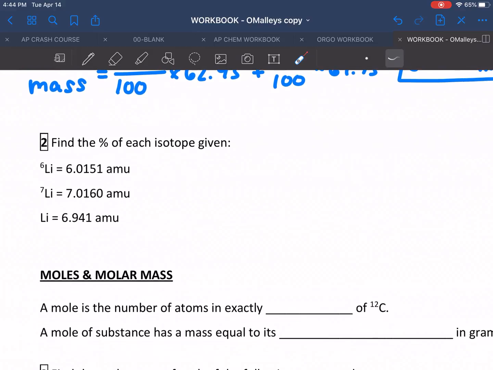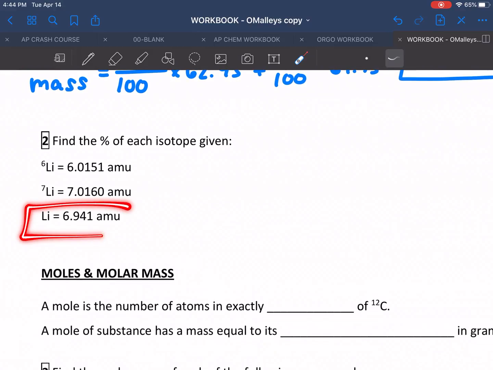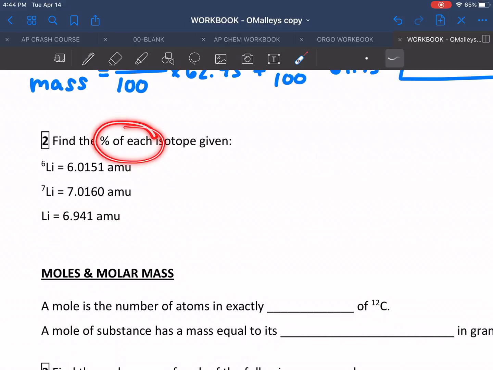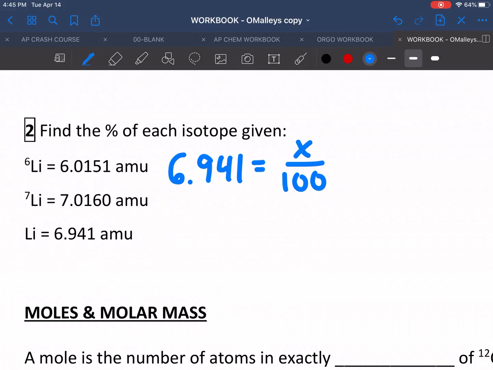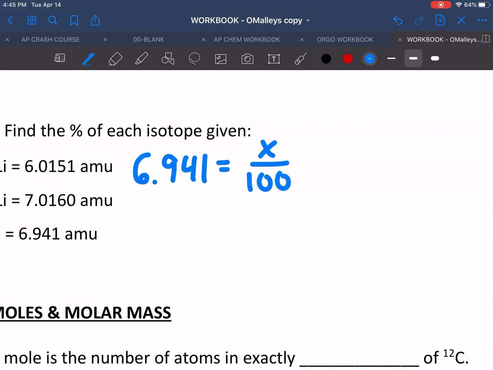We can turn this around, and we can actually use the weighted average and the mass of the individual isotopes to figure out the percentage of each. So here's an example where we would do this for lithium. Lithium's atomic mass as a weighted average is given as 6.941. And if I want the percent of each, I'm going to define x as my percentage of the lighter isotope, 6.0151.